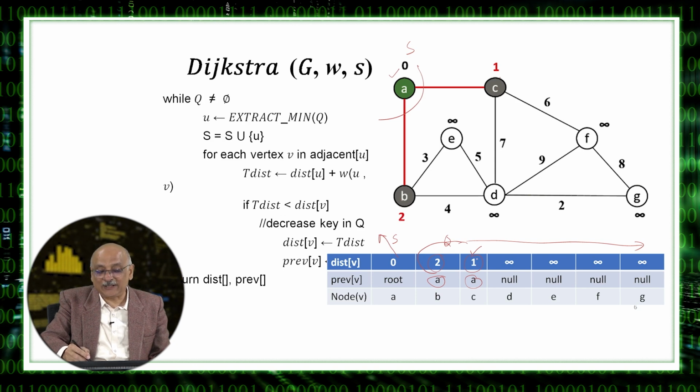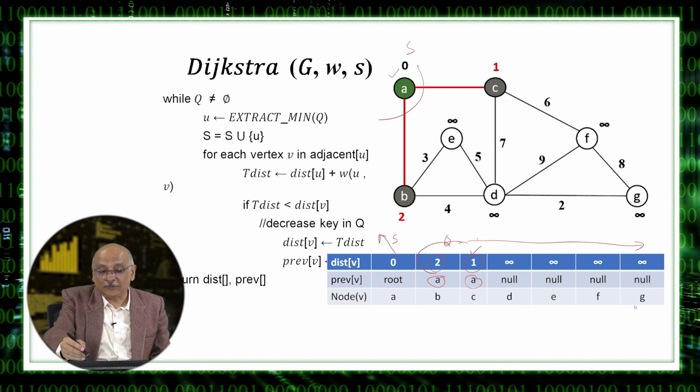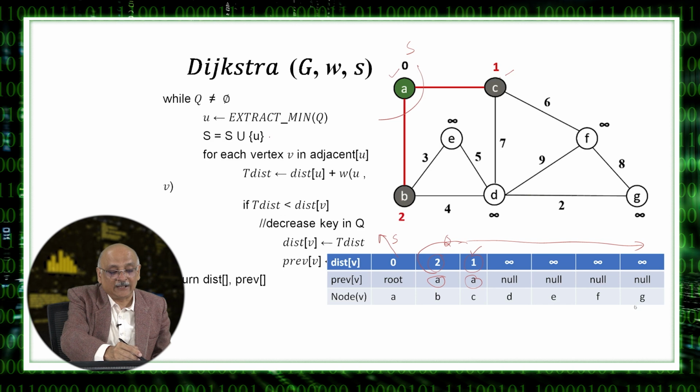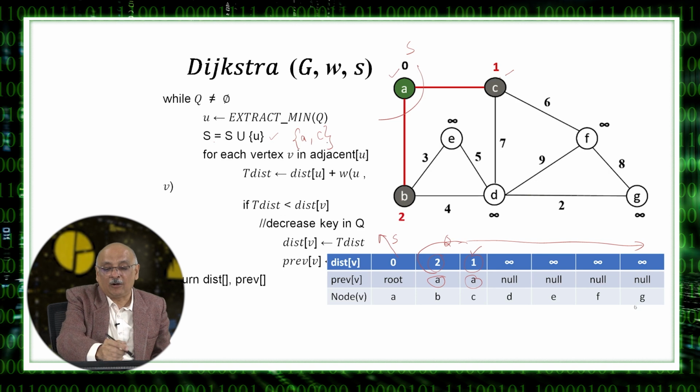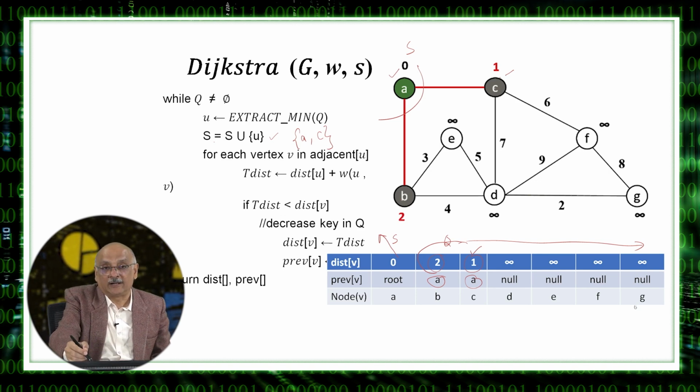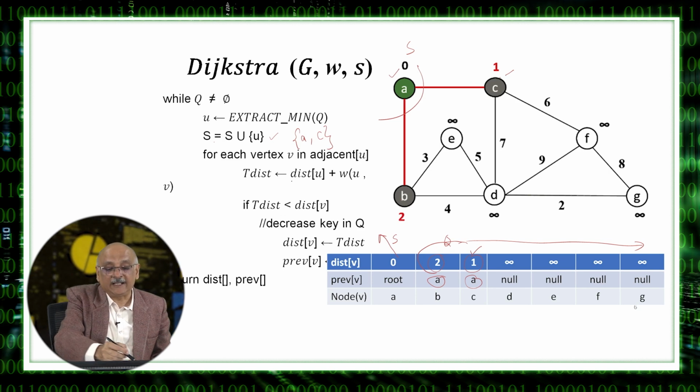So as soon as we select 1, what we are going to do? So earlier S contained A, now C will be added. So S will be now AC. So this we will be converting to green color as we have done for A, as we show in the next slide.